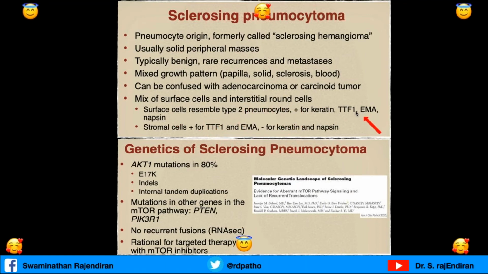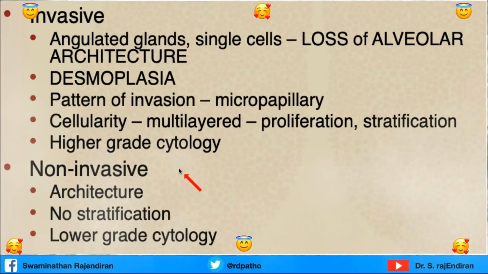And the epithelial cells are positive for EMA and TTF, whereas stromal cells are positive for TTF. Genetics: nowadays for all the conditions you should know the molecular background, because it can have some target to treat. So they have an AKT1 mutation in 80% of pneumocytoma.